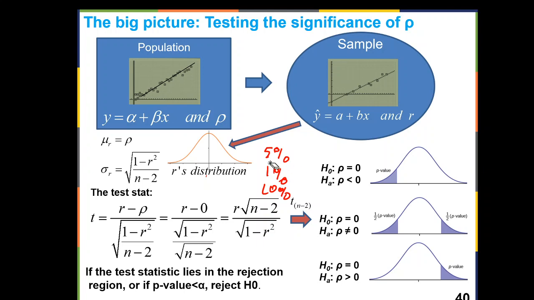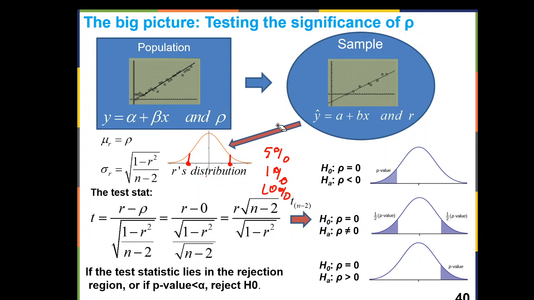For different alphas, we're going to find these R's here, right? For example, what are the 2 R's that have 5% in the tails? And then they created a table for a two-tailed test.